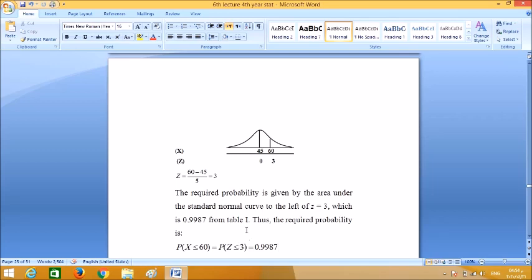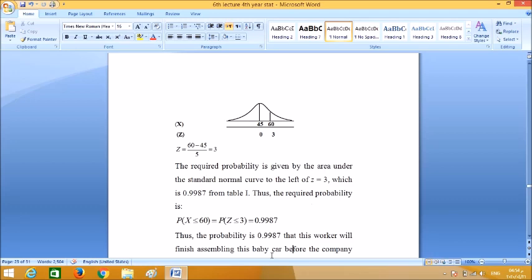So you have to divide this area by 2 and add one half. Z less than or equal to 3 means z from minus infinity to 0 plus z from 0 to 3. Okay, this will be 0.998.